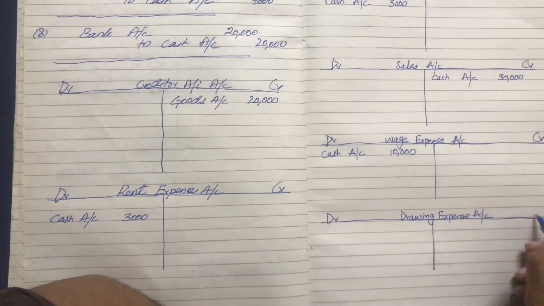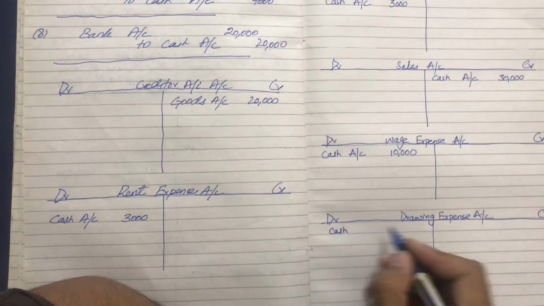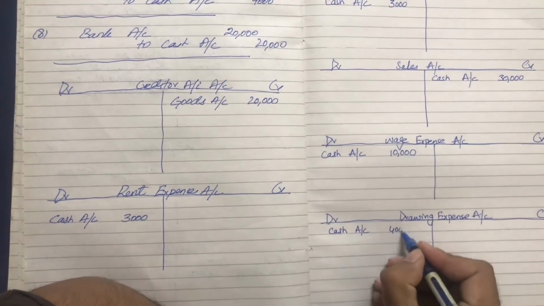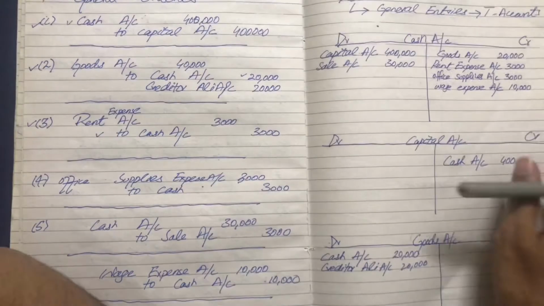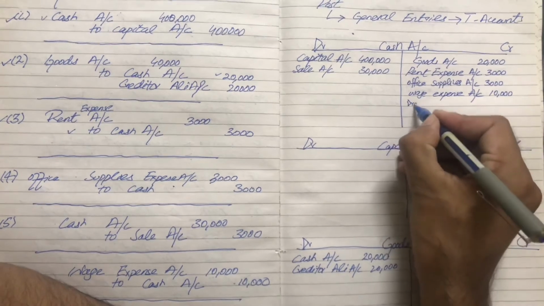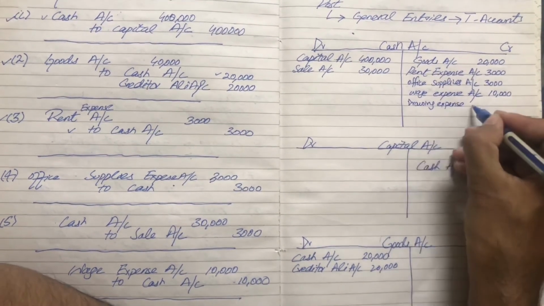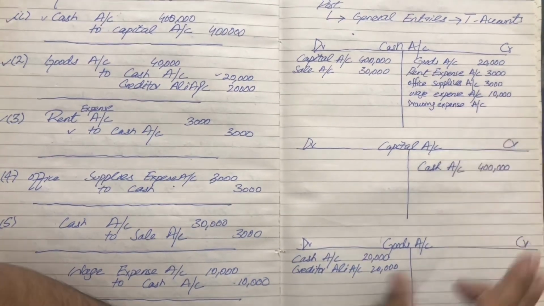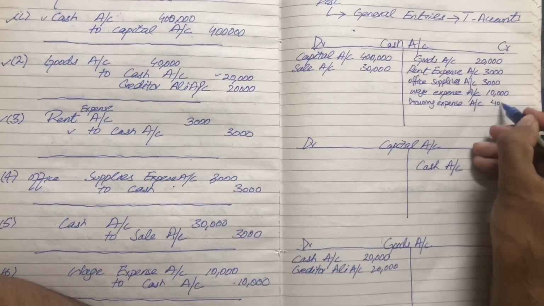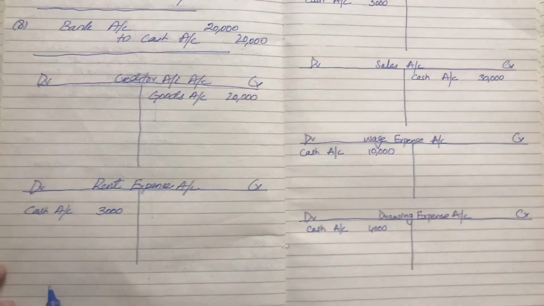So here we write debit and credit. The drawing expense account gets debited, the reason is cash account, with an amount of 4,000 rupees, and here we have to credit the cash account because we carry out drawing expense with an amount of 4,000 rupees.